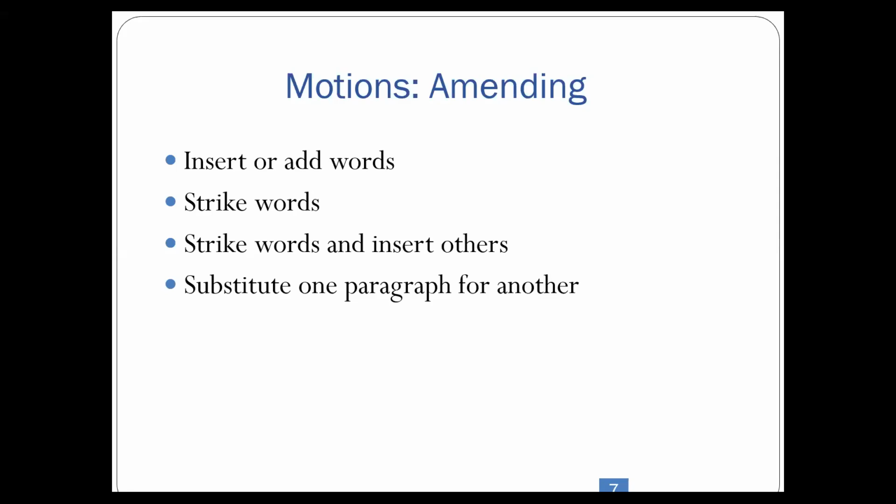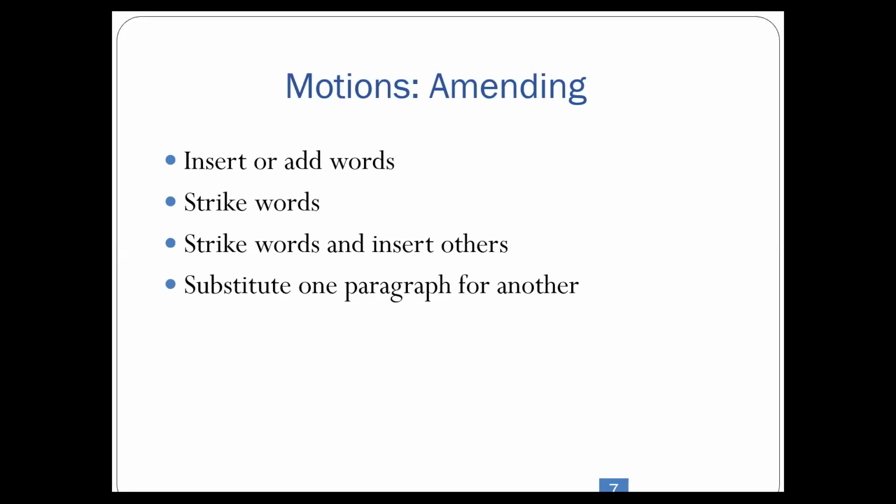Another thing you can do to amend is to strike words. So you might take that same motion, I move to have a parenting program at the park. You might want to strike at the park and just have move to have a parenting program. Another way to amend is strike words and insert others. So you might say, I move to have a parenting program at the park.